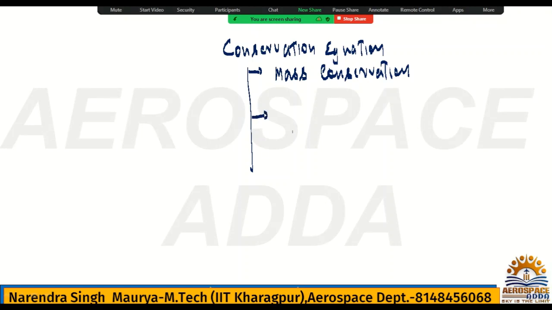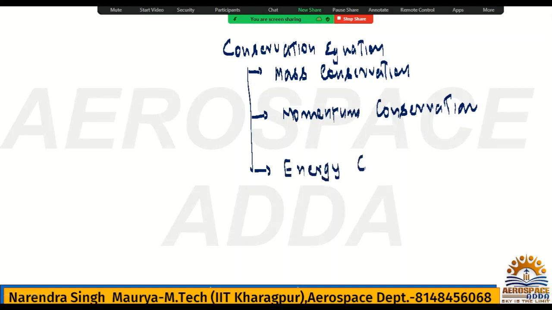Second is called momentum conservation. And the third one is energy conservation. So basically we have three conservation equations, right?